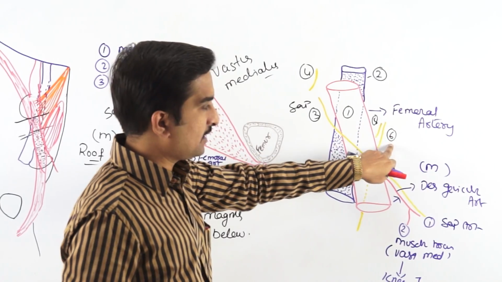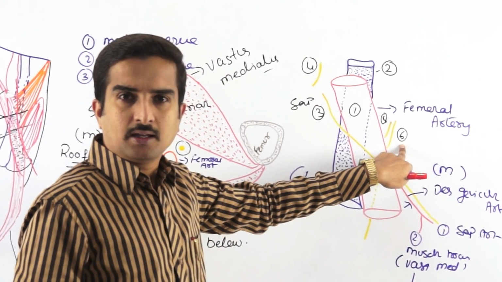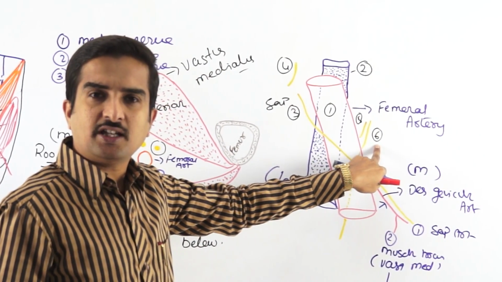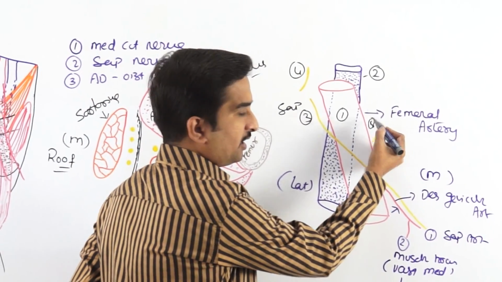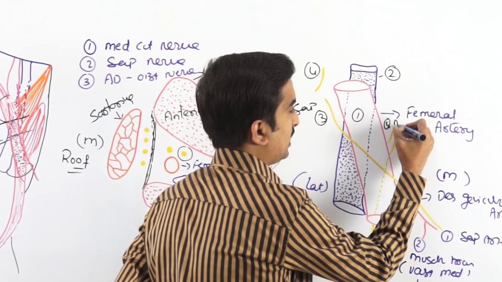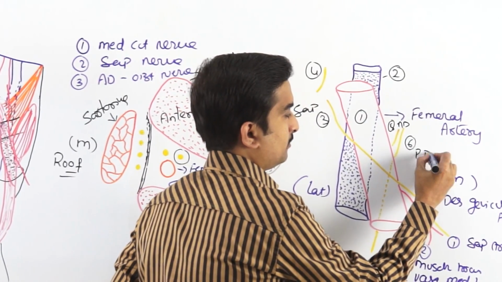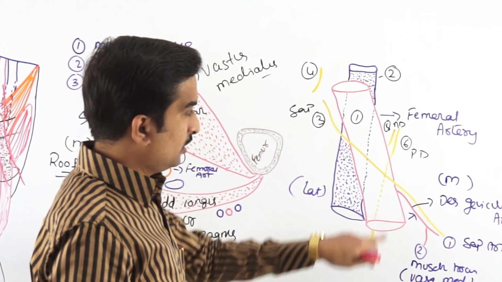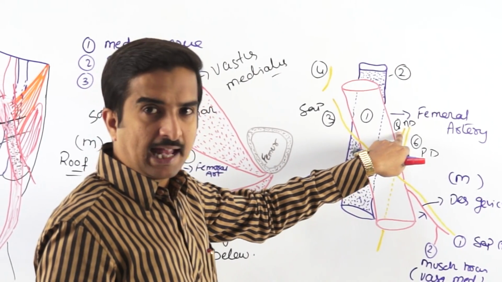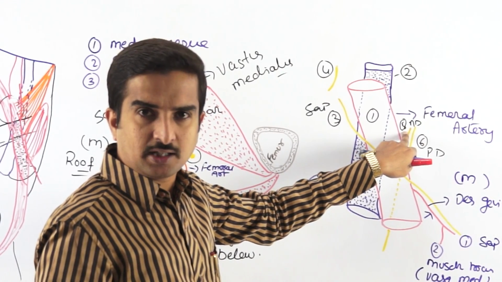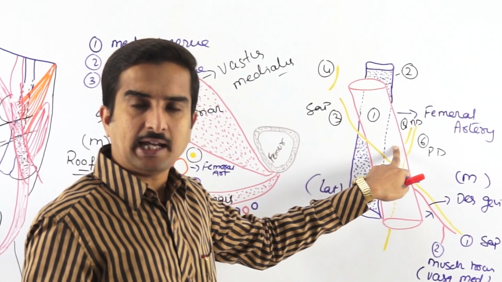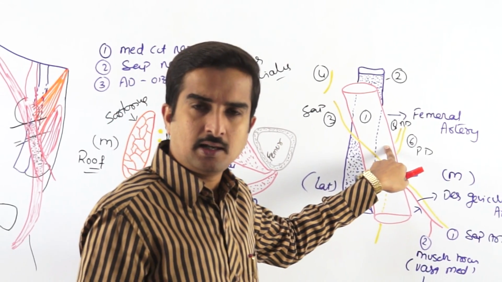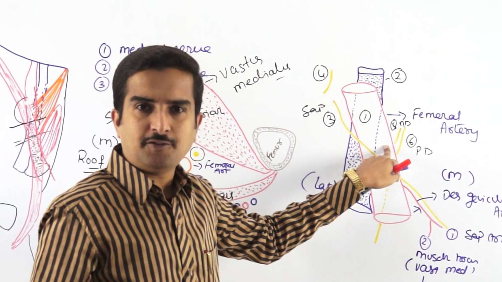The fifth and sixth are the anterior and posterior divisions of the obturator nerve. The fifth one is the anterior division of the obturator nerve. Here I will write as AD, PD, posterior division. So you can see here the anterior division of the obturator nerve terminates by supplying the femoral artery. It means it ends in the adductor canal by innervating the femoral artery.